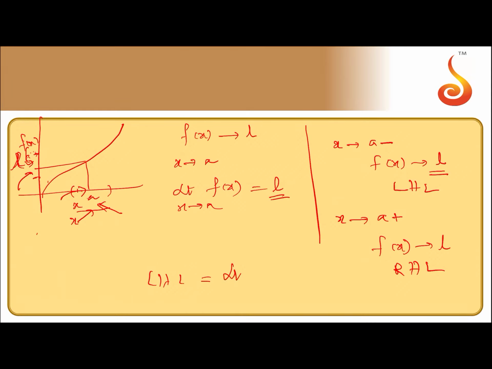Symbolically, LHL can be written as limit f of x as x approaches a minus is equal to L, and RHL is written as limit f of x as x approaches a plus is nothing but L.